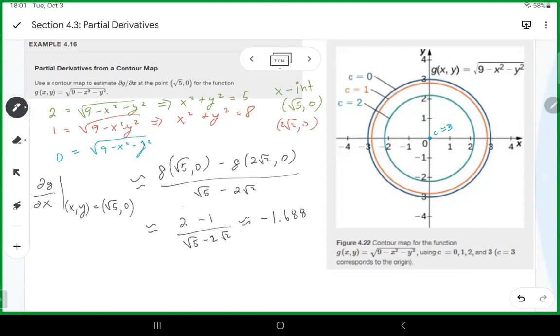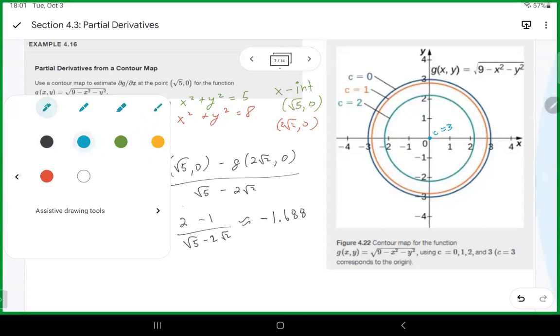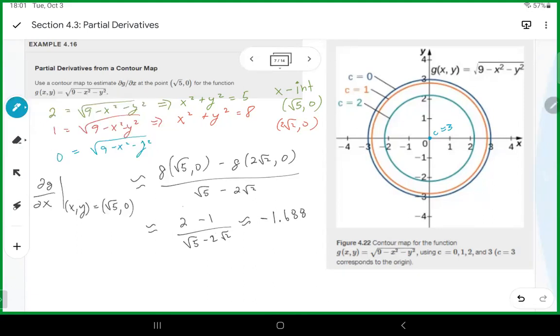All right, now we want to go with respect to, so that was plugging in. Now what we want to do is the whole function.